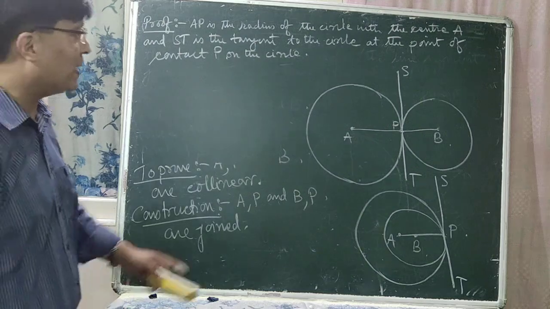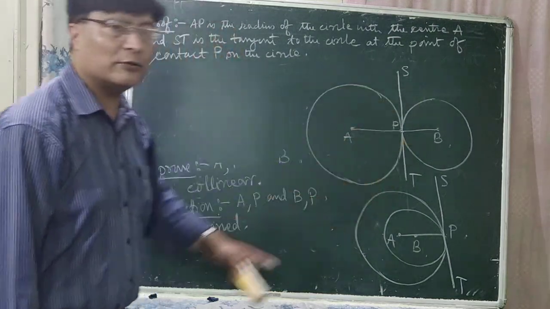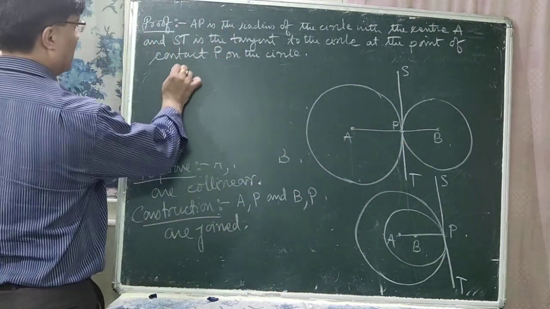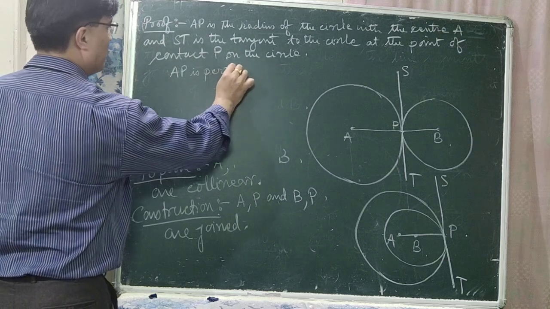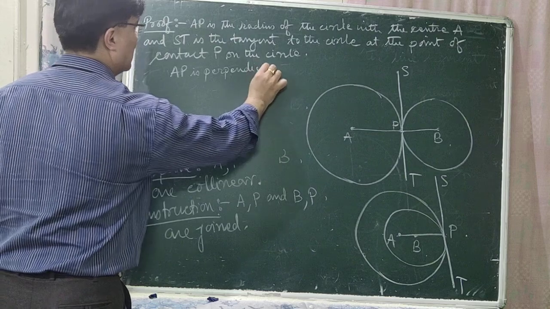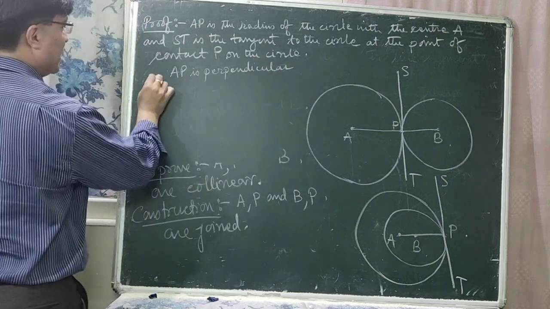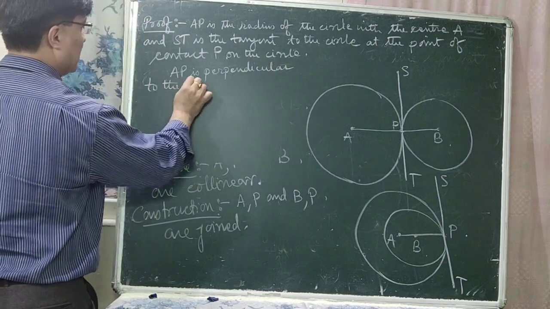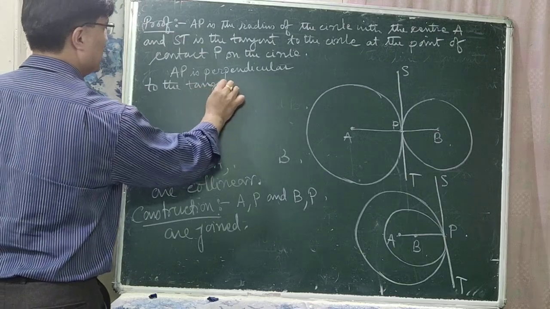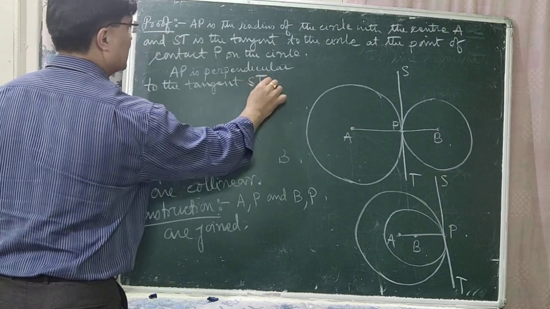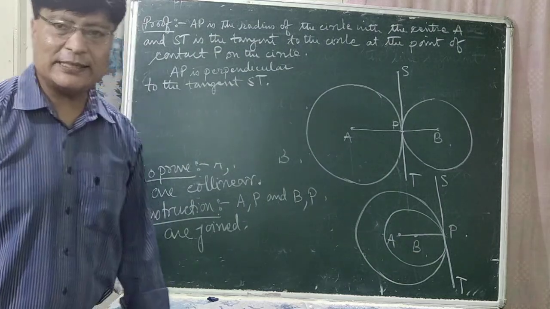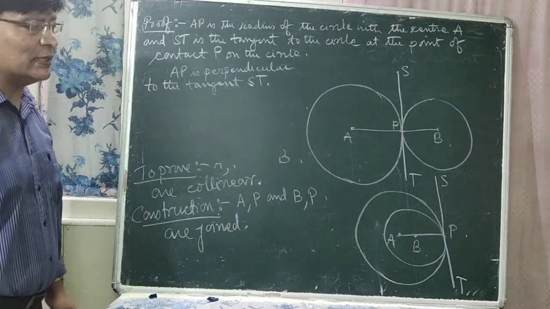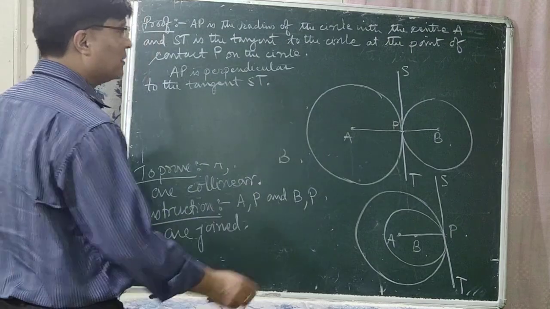That means what can you write? AP is perpendicular to the tangent ST. So AP is perpendicular to the tangent ST. Now similarly, what is BP here?